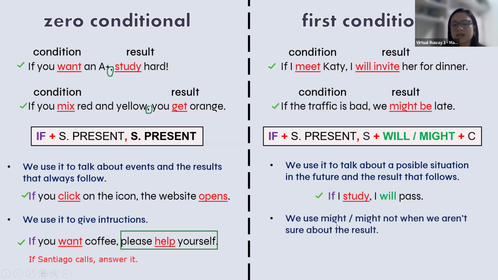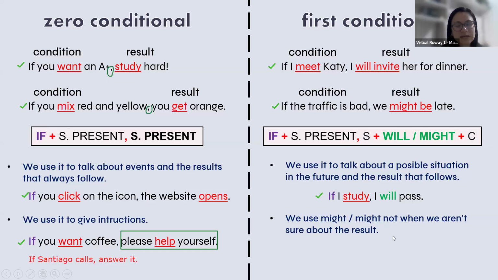Good. And what about might and might not? ¿Ok? ¿Cuál es la diferencia de will and might? Will es un poquito más certero, o sea, estoy un poquito más segura de que el resultado va a suceder. En el caso de might, we use might or might not in negative when we aren't sure about the result.